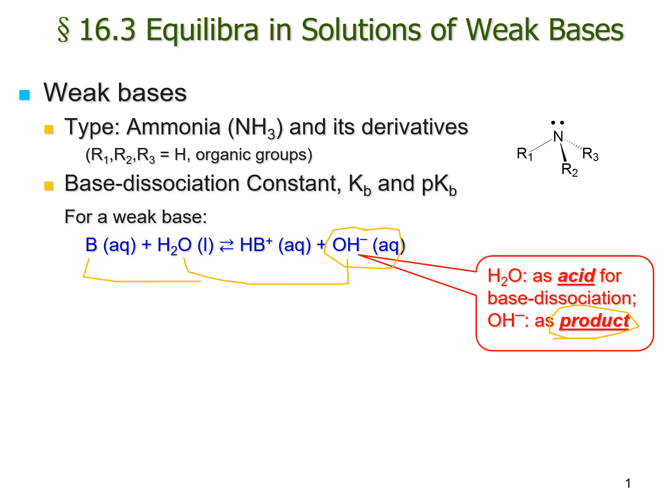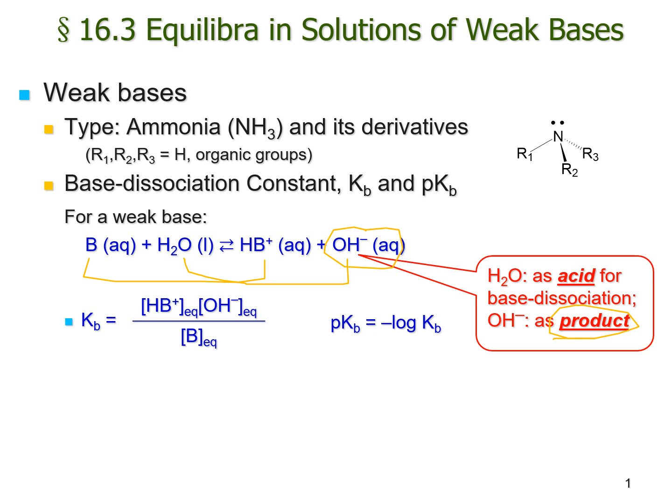And here comes another pair of conjugates. All right, so Kb is equal to the equilibrium concentration of the product cations and anion multiplied, divided by the equilibrium concentration of the base. And also we can do the pKb if we want to by taking negative log of Kb.